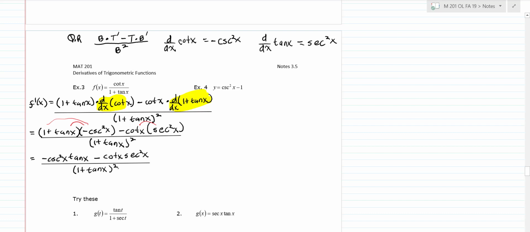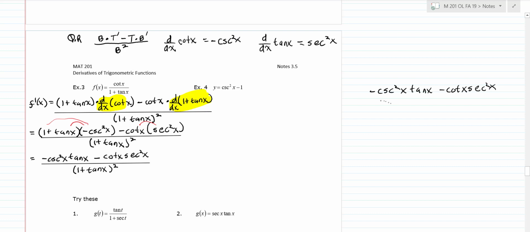Now when I get to this point, I want to play with it a little bit and just see if there's anything I can do to simplify this. I'm going to do this over at the side here just to start with. This is something I do on scratch paper. So the numerator I have is this: negative cosecant squared x times tangent of x minus cotangent of x, secant squared of x.